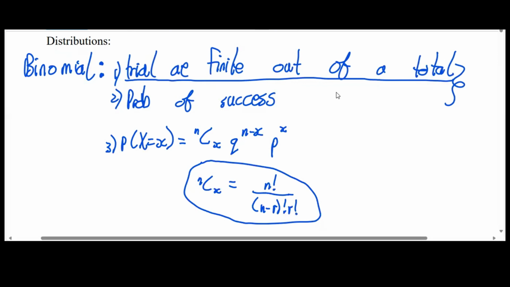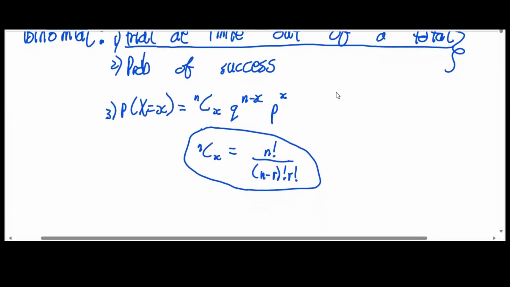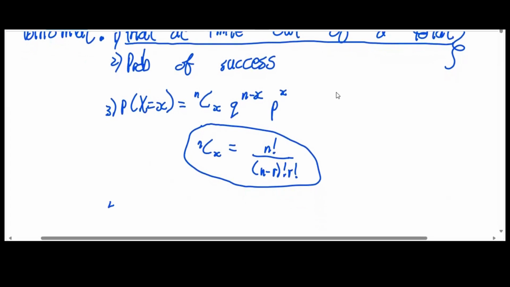That's the probability of X. Then you have the last two: the expectation of X for the binomial, which is np, the total number of trials times the probability of a success, and the variance of X, which is npq: number of trials times the probability of a success times the probability of a failure.